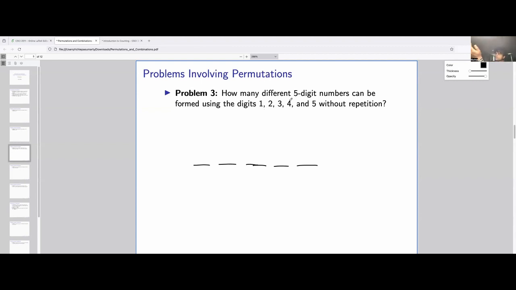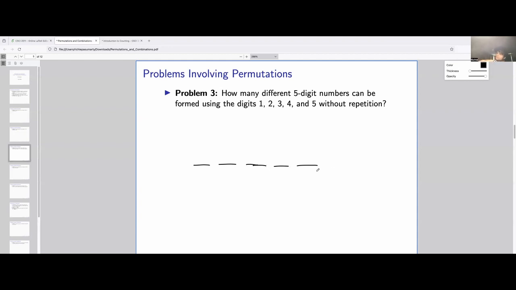The number is 5 digits, and I only have 5 digits to use. What that means is that I need to use every single digit exactly once. That's important, I guess.